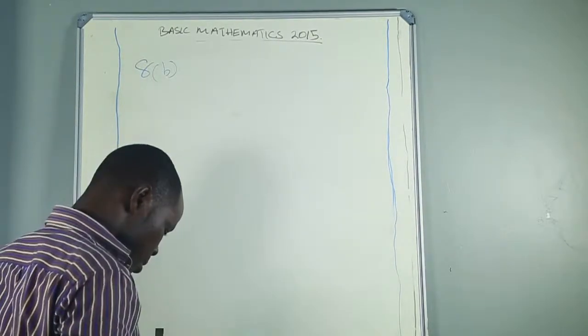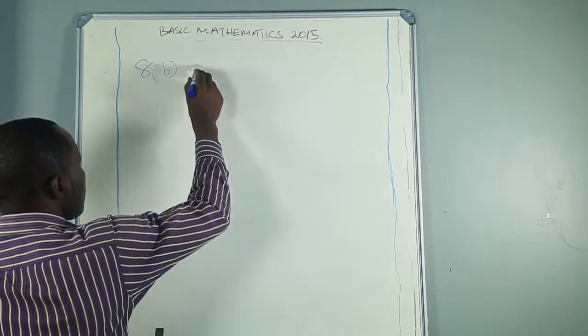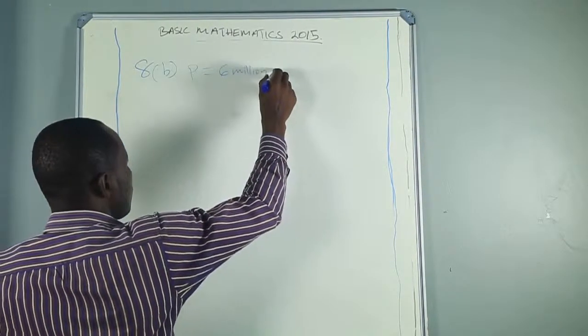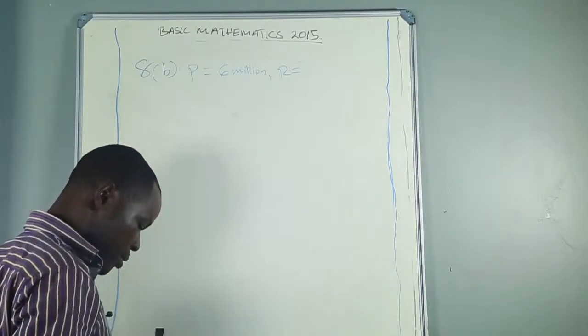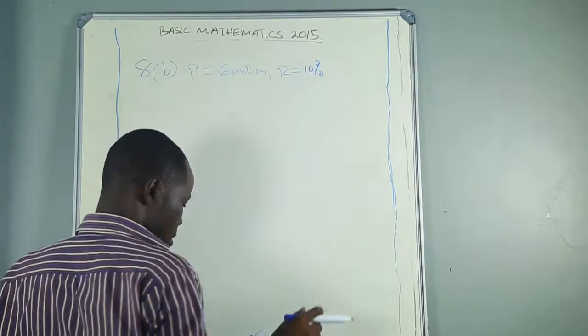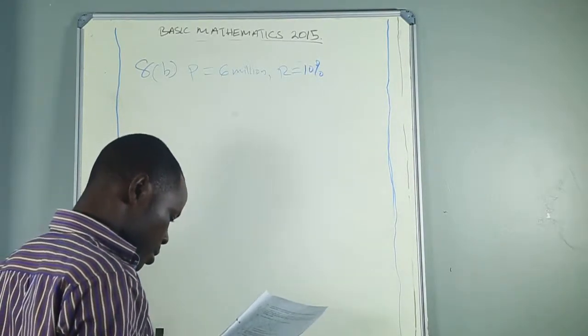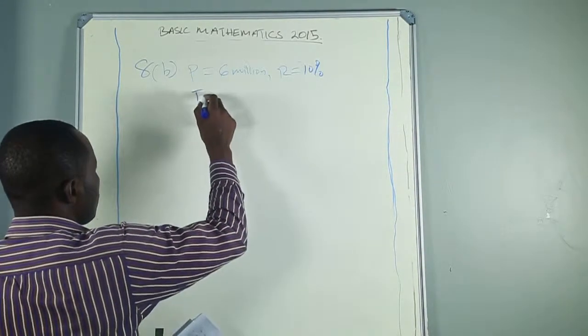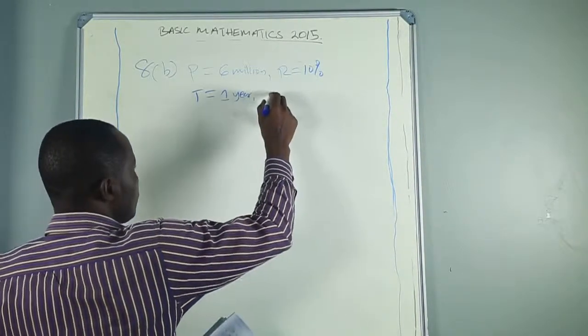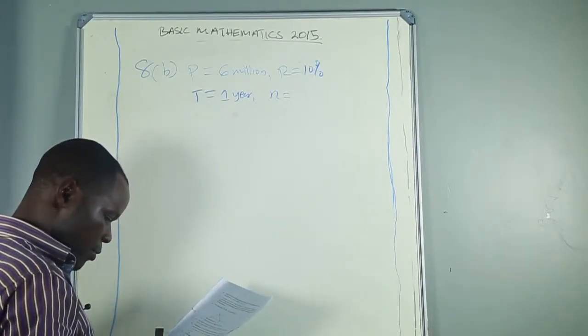Principal P is equal to 6 million. Then the rate is 10%, T is 1 year, and the number of years is 5.